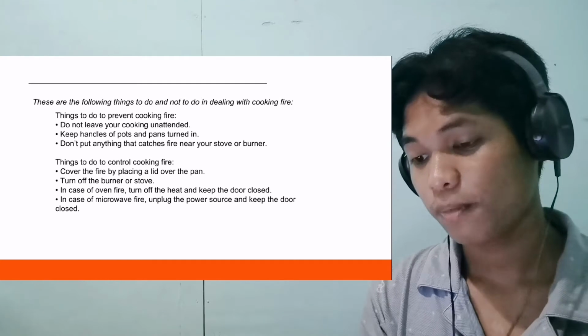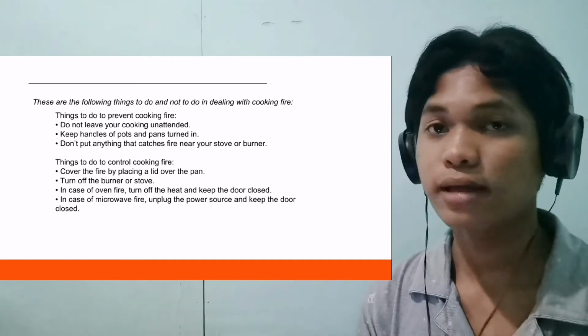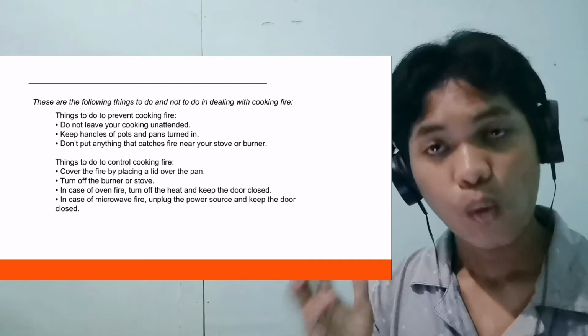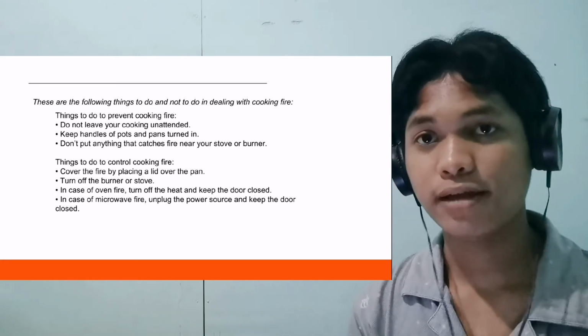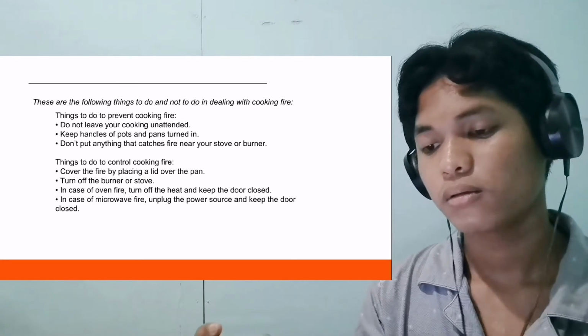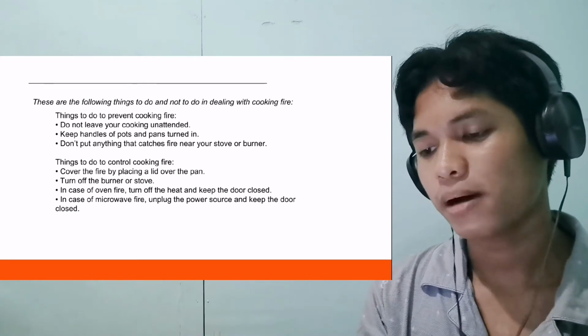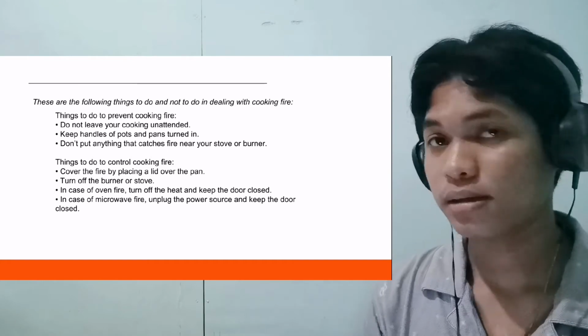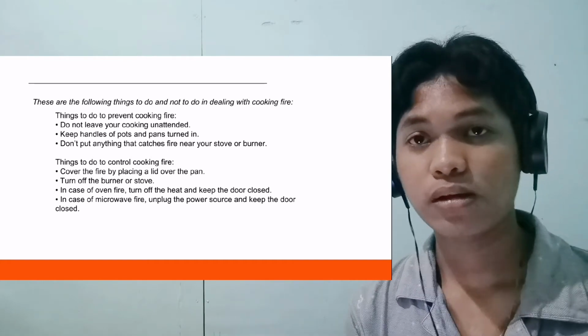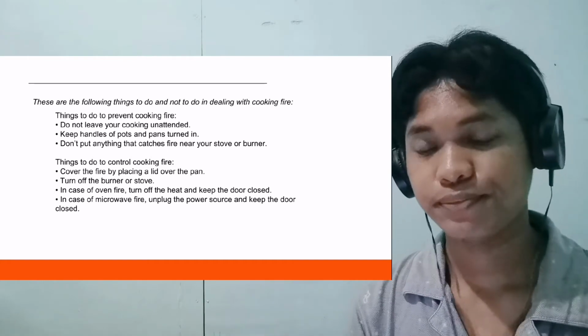So number 1, do not leave your cooking unattended. So, kailangan huwag natin iwan ang ating niluluto nang walang nagbabantay. 2. Keep handles of pots and pans turned in. So, ang hawakan ng ating mga pots or pans ay kailangan naka-turn in lagi.